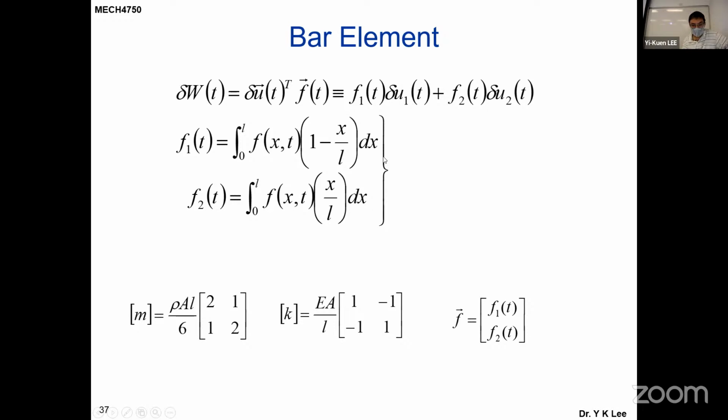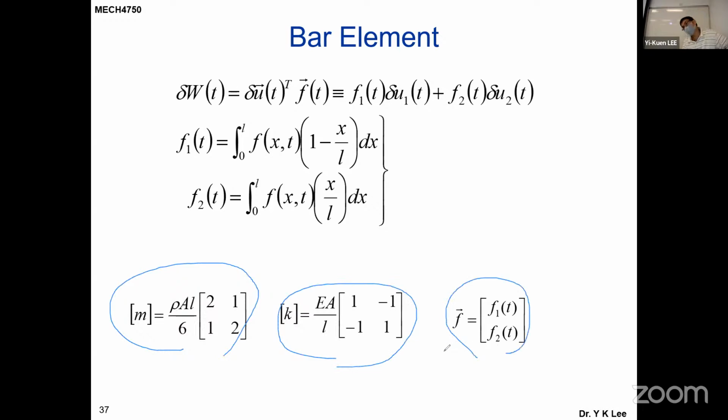But in general, now I have shown you a way to discretize the vibration of a one-dimensional bar element as a 2-degree-of-freedom finite element model for the bar.